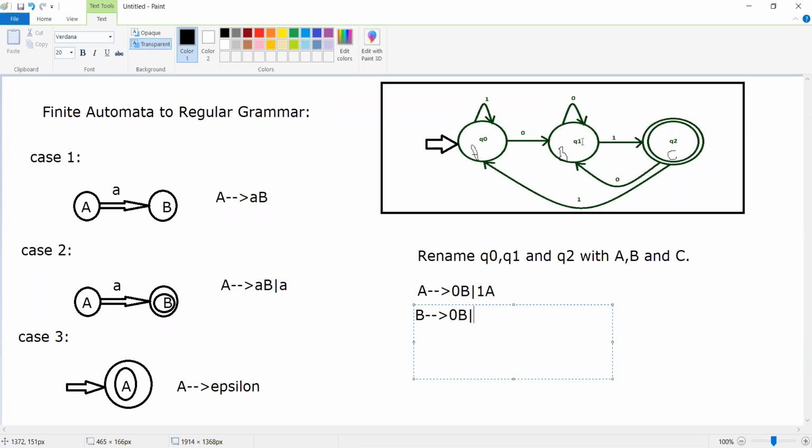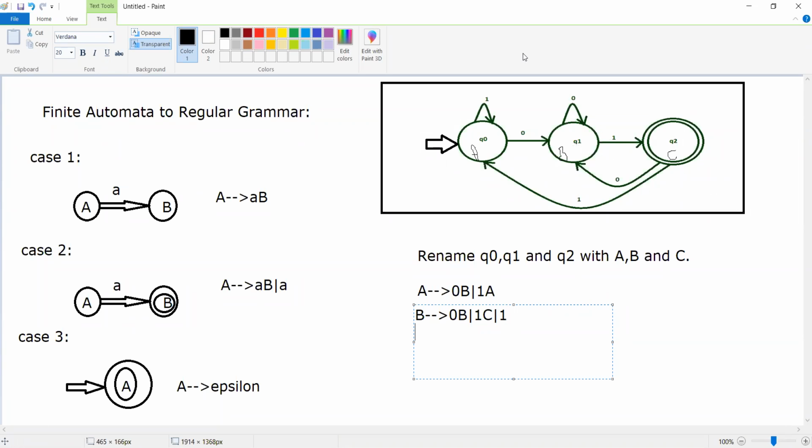So we get B derives 1C or 1. This is how we write the productions for B.